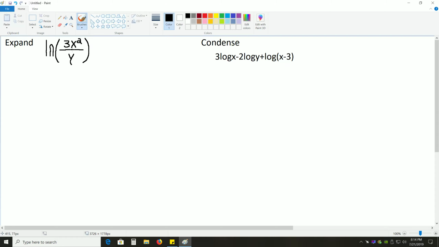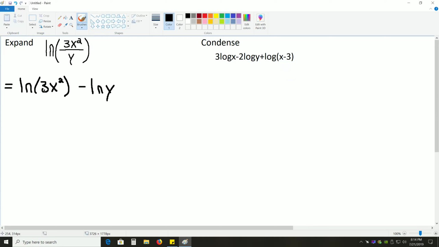The rule always is, if you have a fraction or division inside of the log, then that can be separated into two logs of the same base with subtraction, which means this fraction is going to break up into the natural log of the quantity of 3x squared minus the natural log of y. We take the entire top and put it in the first log, and we take the entire bottom and put it into the second log and subtract them.